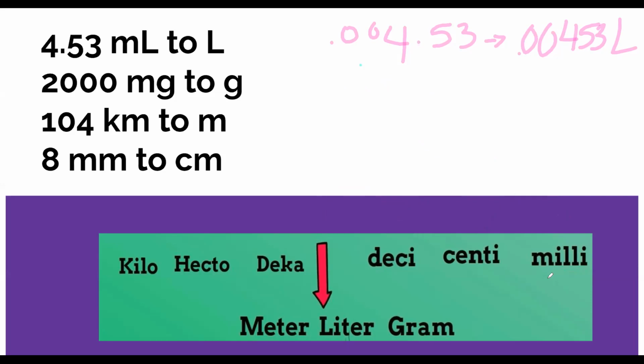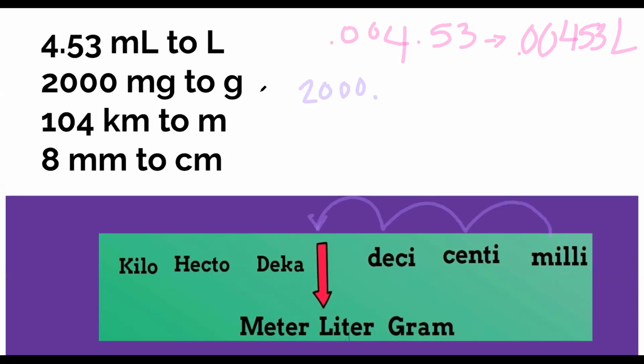So again, I'm going from milligrams. Grams is also one of the main bases. So again, I moved 3 spaces. Remember, in a number like 2,000, your decimal point is behind that number. It's the unknown.